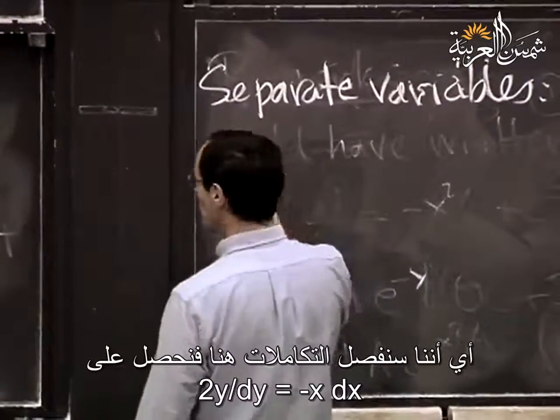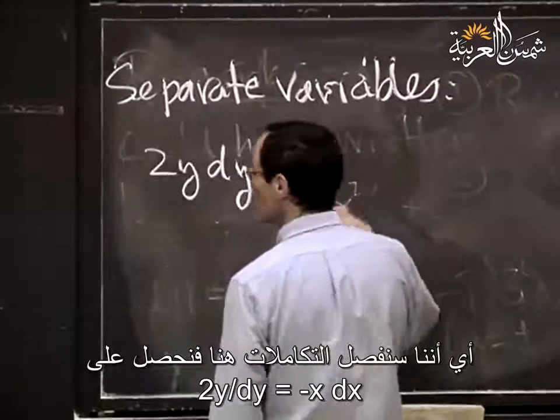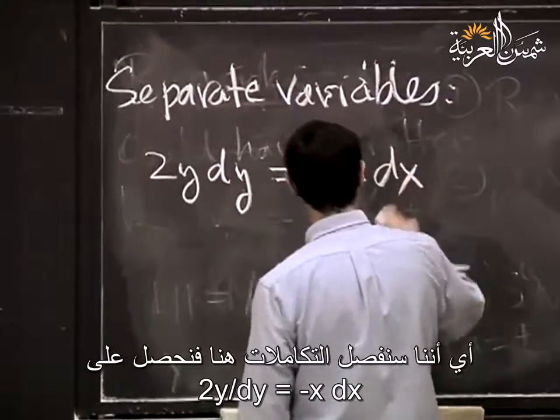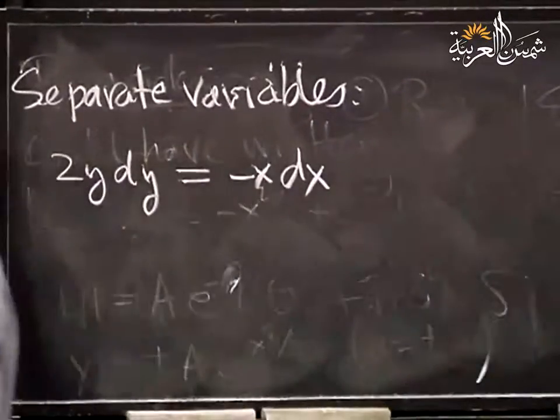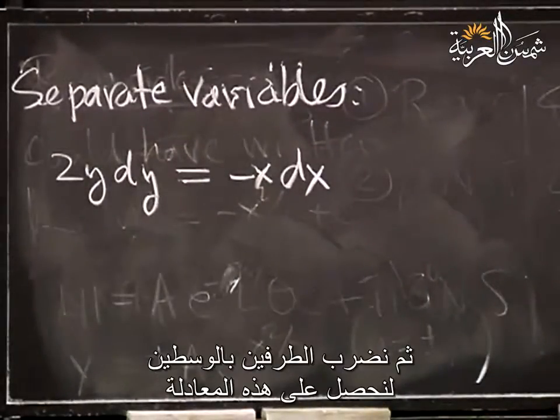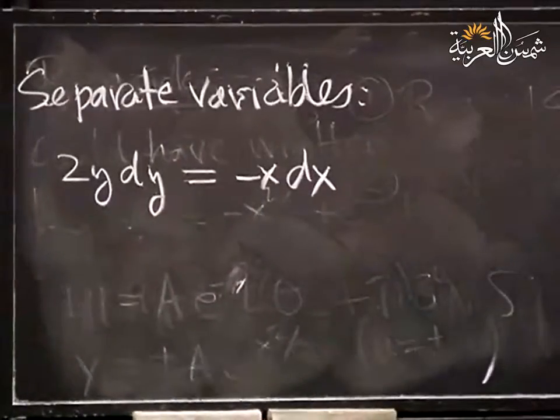And we separate the differentials here, so we get 2y dy equals minus x dx. That's just looking at the equation that I have, which is right over here. dy dx is equal to minus x over 2y, and cross-multiplying to get this.